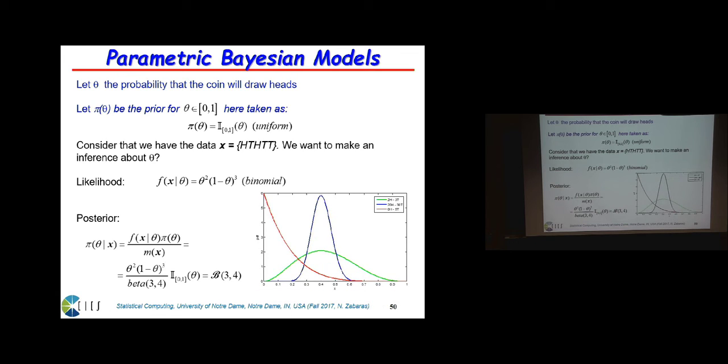Depending on the data sets, you can get very weird distributions, right? I have here 3 different data sets, different from this one, and it shows you how the posterior looks.